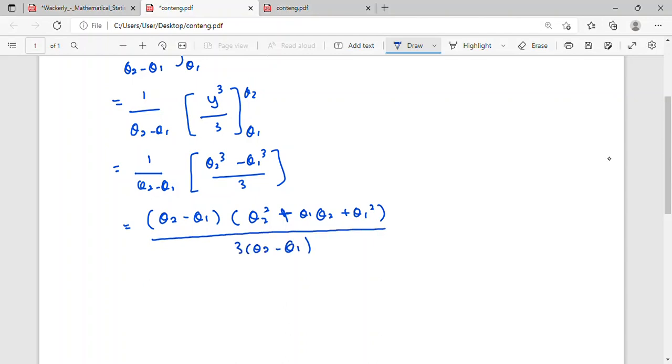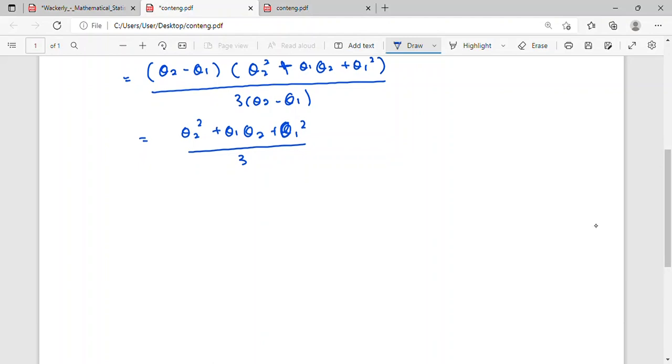So we can eliminate that part, theta 2 minus theta 1. So last kali tinggallah this part untuk expectation of Y square, right?